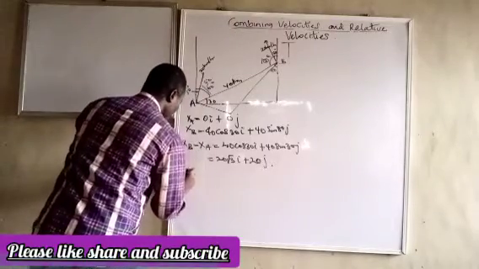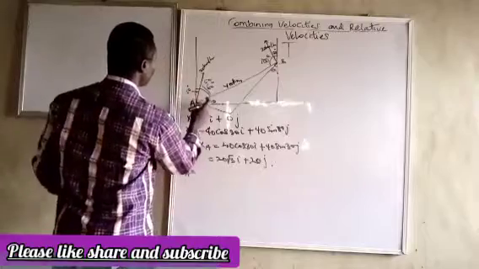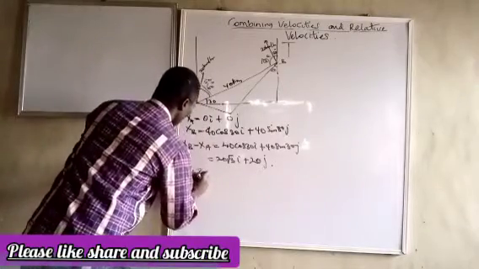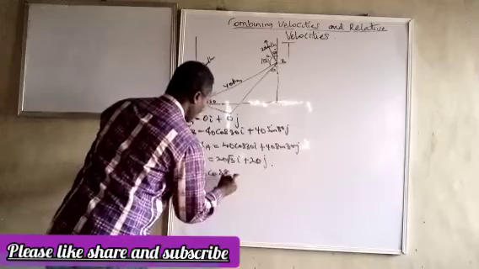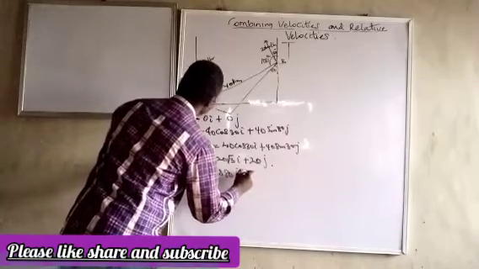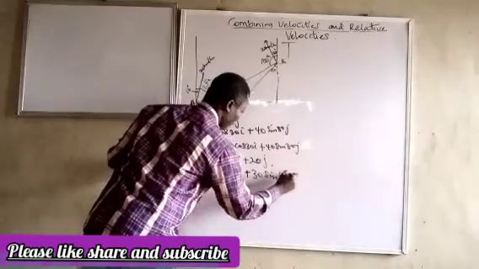Now let's look at the velocity. VA, that is 30, so 30 cos 80 plus 30 sin 80 j.